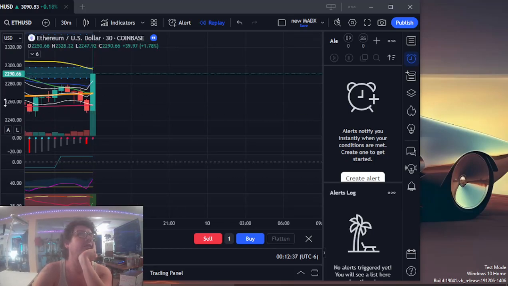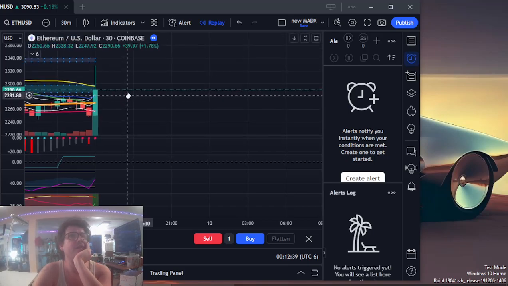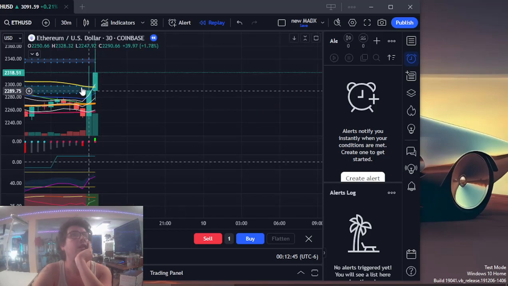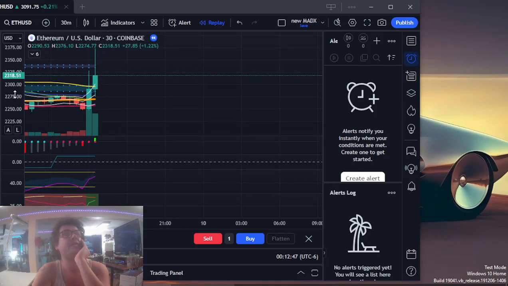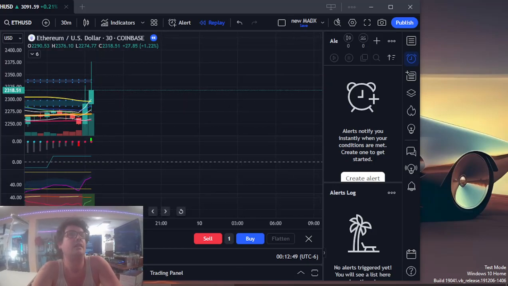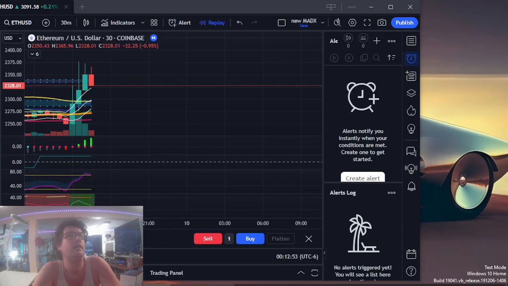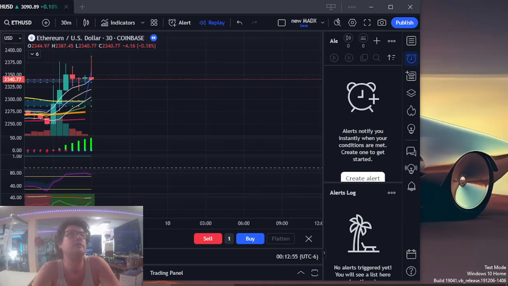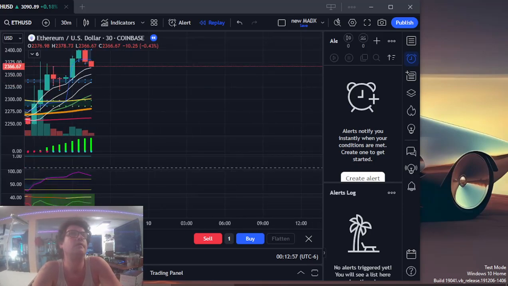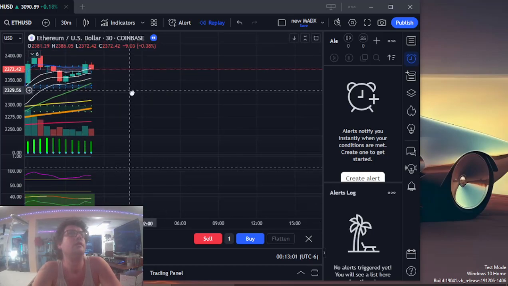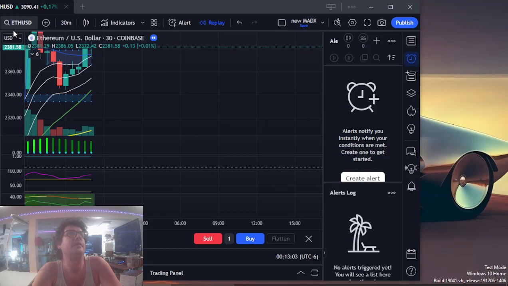Here we go. Maybe this bounces to the middle line and then goes above that. And that is what happened. That's not touching the middle line. Nope.